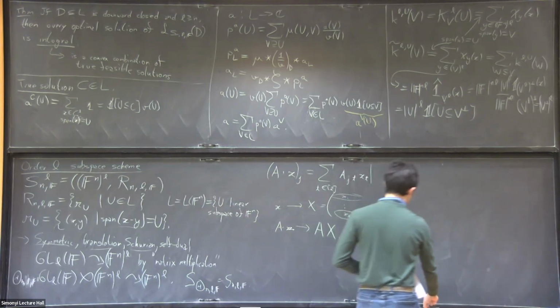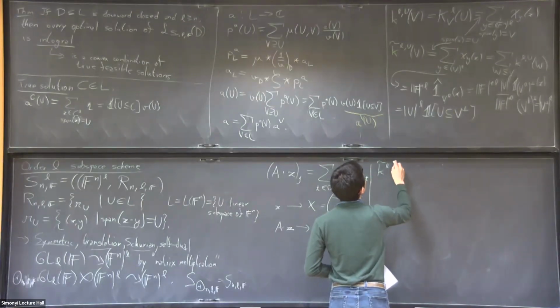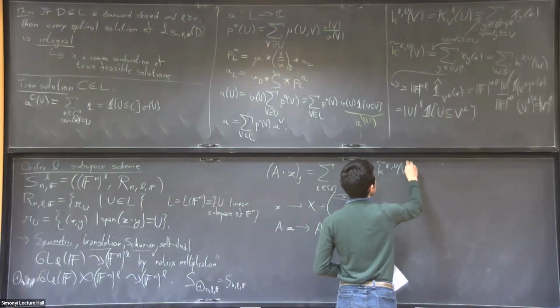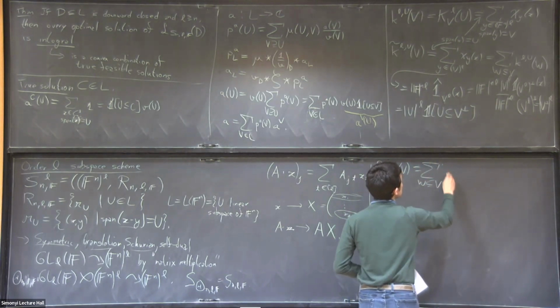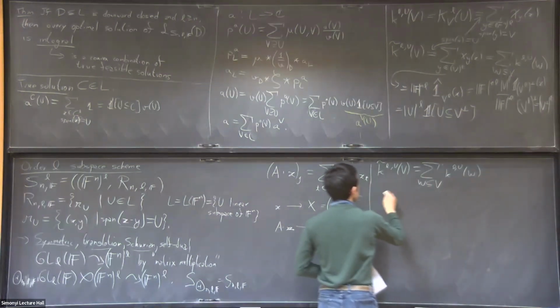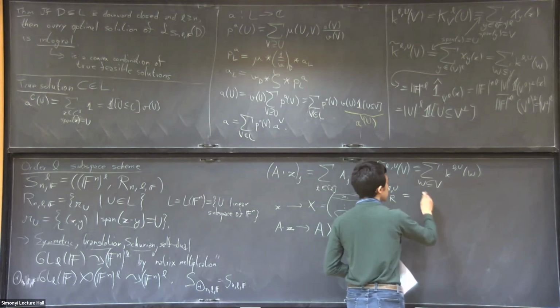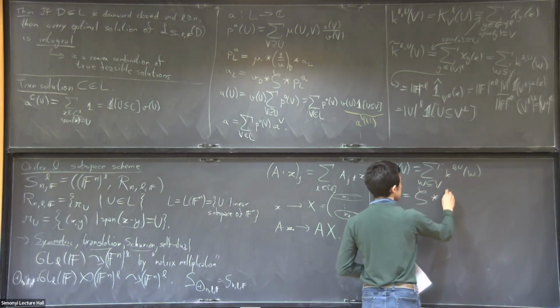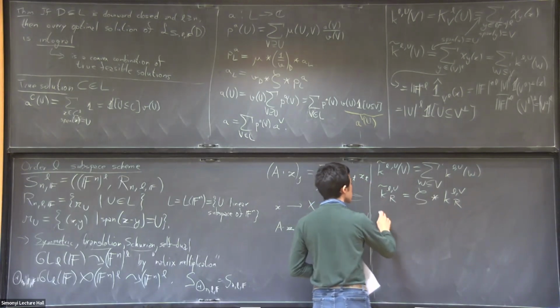So from this formula here, K tilde L U V is equal to the sum of W contained in V, K L U W. This can be rewritten using that weird thing that I wrote there, as you take KR and you take zeta star KLV R, which means that you can pass to the other side with the mu, right?